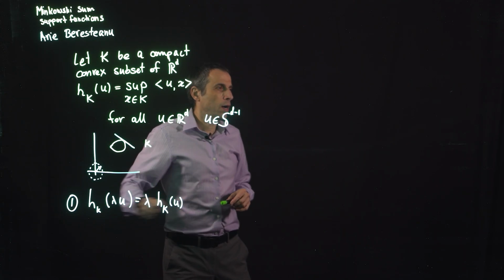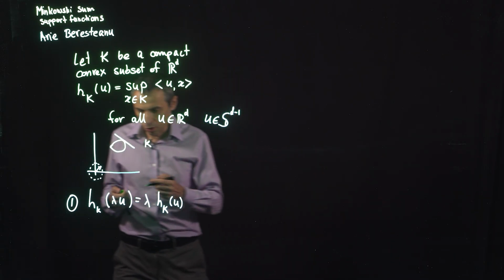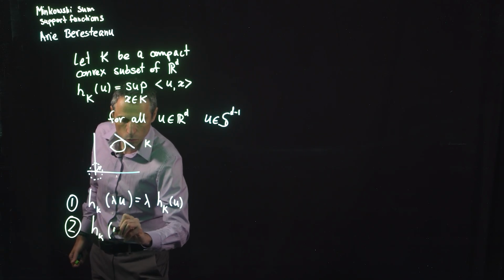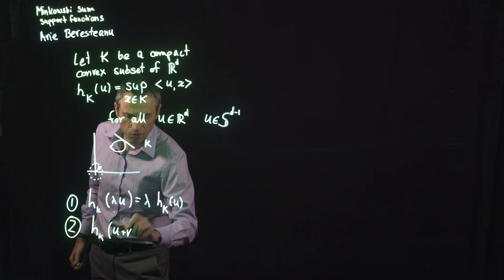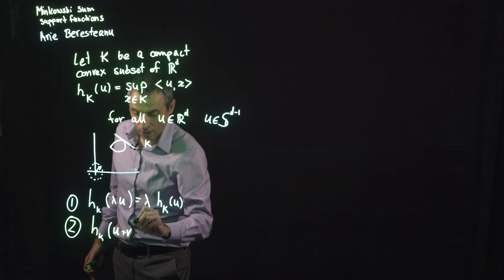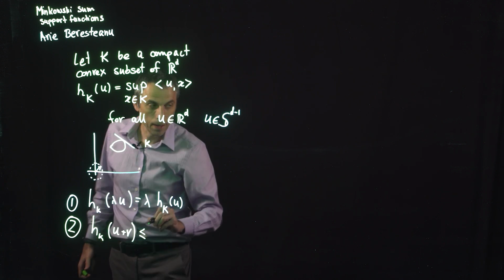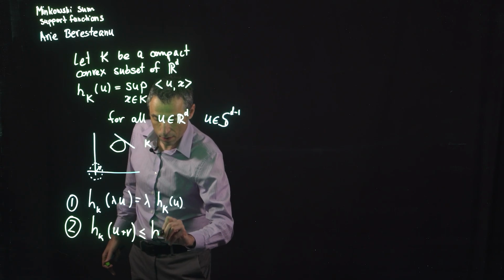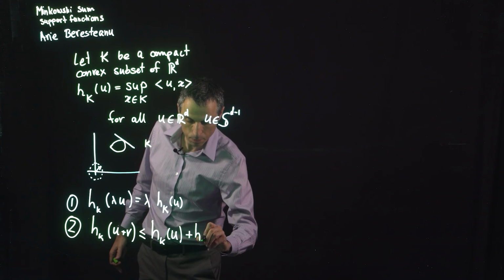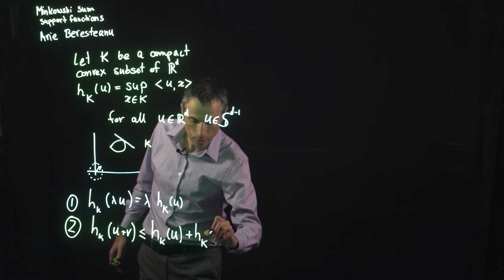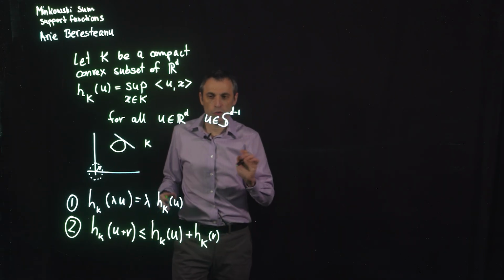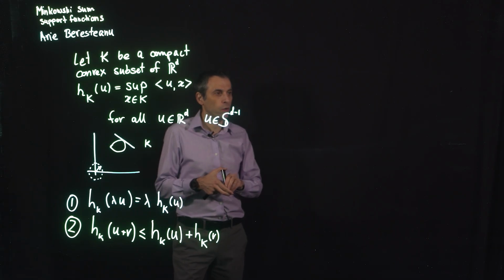Apart from this property, we can also say that H_K of the sum of two directions U plus V, this is not Minkowski sum, this is just two vectors in R^2 or R^D, or on the unit sphere, is sublinear, which means that it is less or equal to H_K of U plus H_K of V. Those are regular sums, not Minkowski sum. We didn't reach Minkowski sum yet.